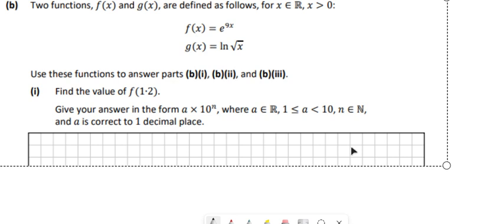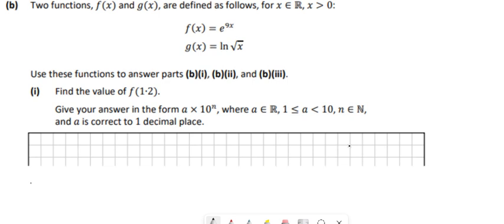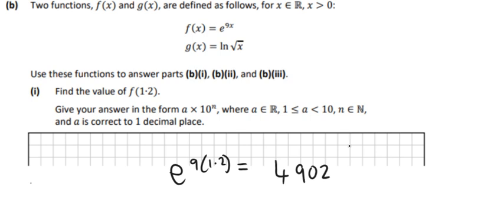So first part we just have to put in 1.2 instead of x, so in the f of x function, it's e to the power of 1.2 times 9, and what you get there, when you put it in the calculator, is 4902.080114.